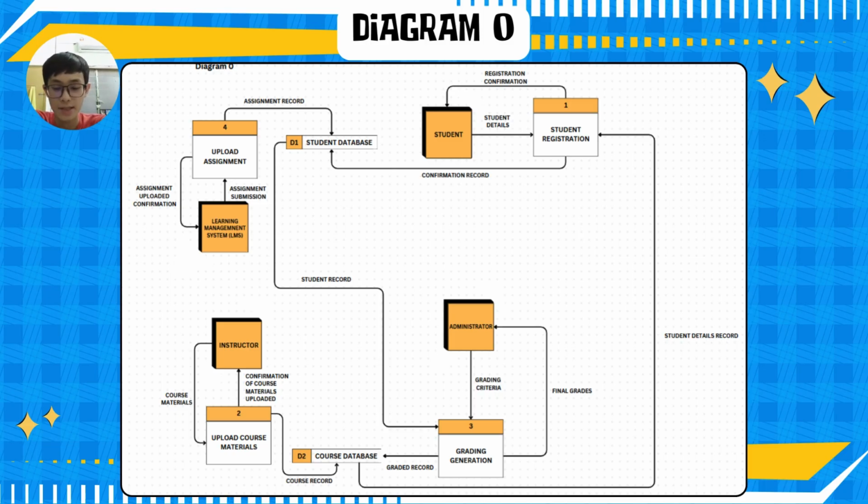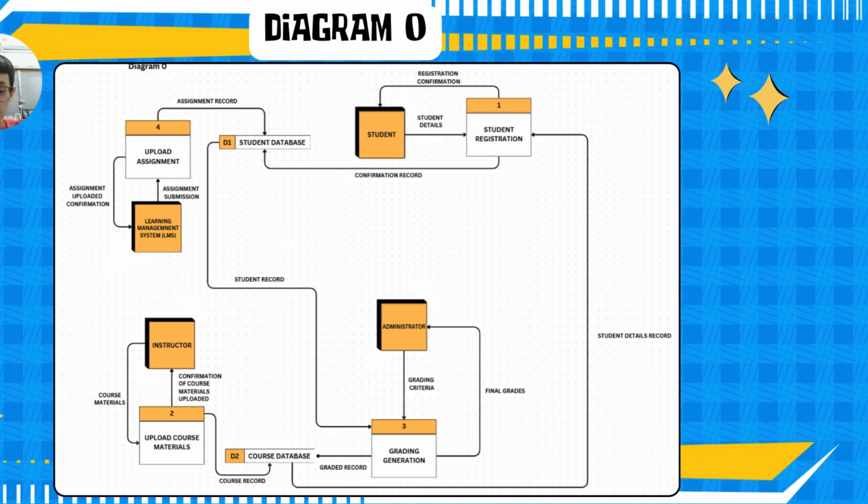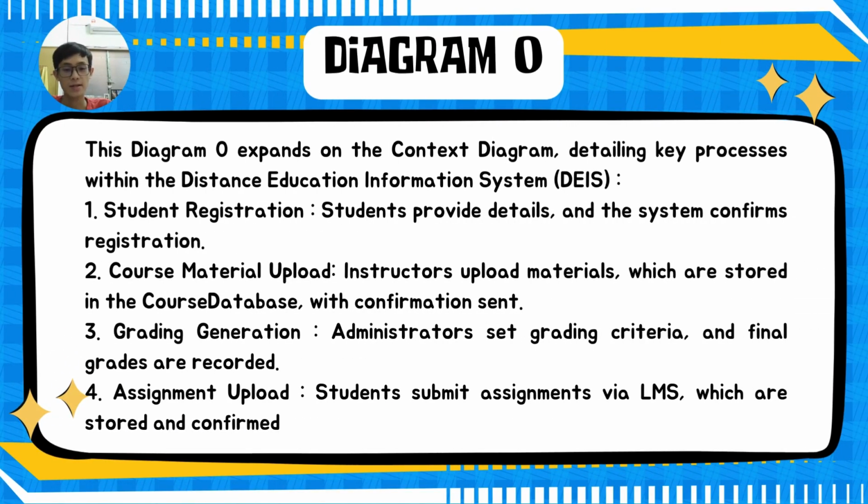The upload assignment process also sends assignment records to the student database, and this student database sends student records to the third process, which is grade generation. Finally, the course database sends student details records back to the student.